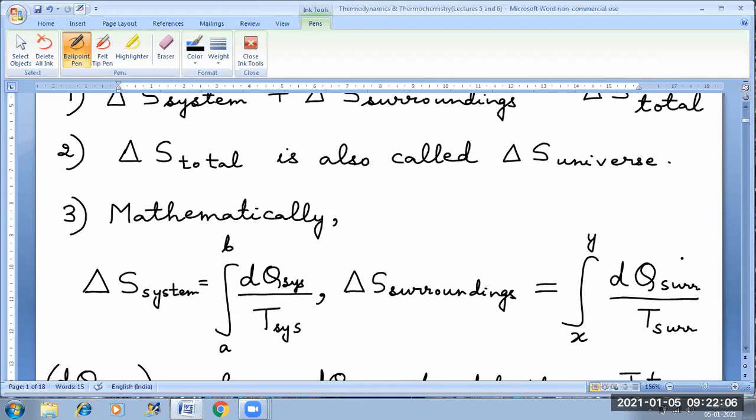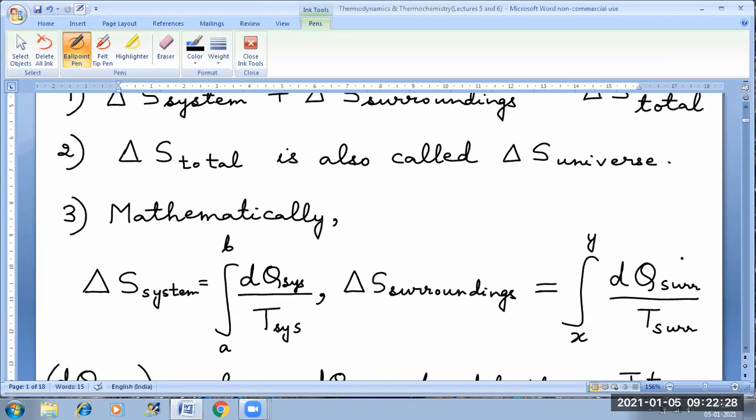It could be heat gained, it could be heat lost, but it is heat exchanged, upon the temperature at which the heat is exchanged. If the temperature is changing during the process, then definitely we have to integrate it, so the temperature will remain inside the integral.